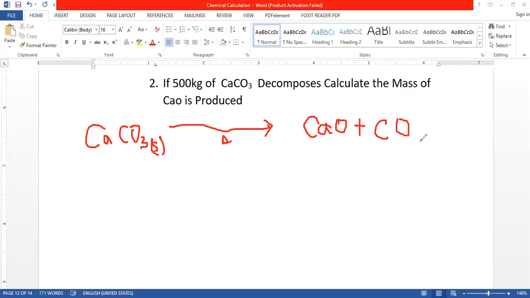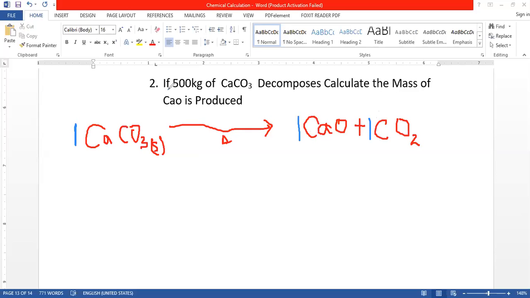When you balance it, here 1, here also 1, here also 1.